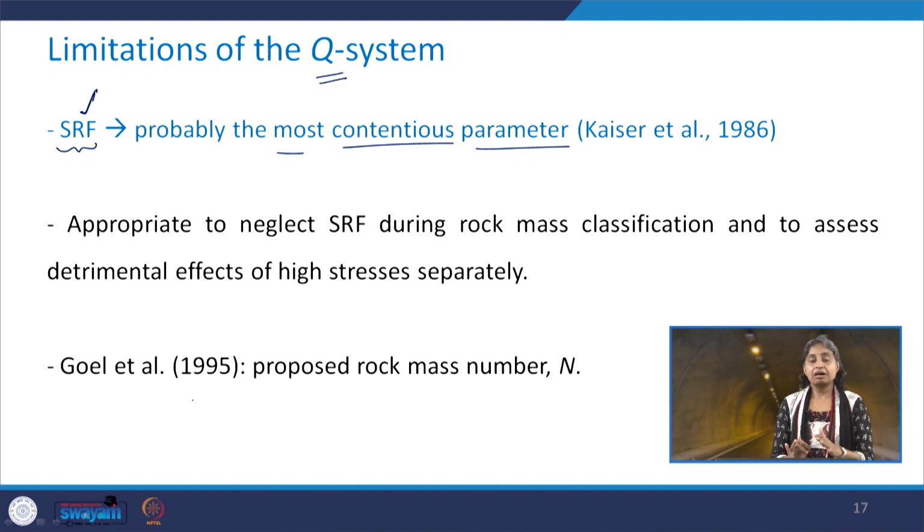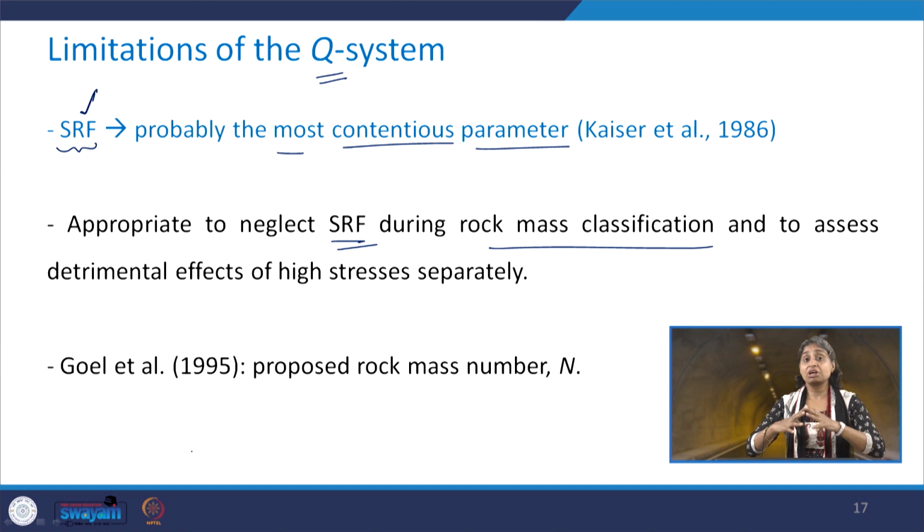To avoid any kind of confusion, it is always appropriate to neglect this SRF during the classification, and we should assess the detrimental effects of the high stresses separately. When the in situ stresses are pretty high and we go for excavation underground, there are going to be very detrimental effects on the underground excavation.